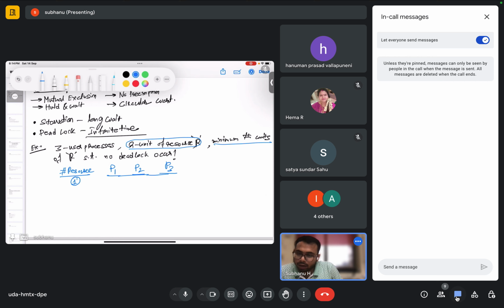Now, if you have two resources, suppose one is taken by process P1 and one is taken by process P2. Will there be a deadlock? Yes, because P1 will be waiting for one resource and P2 will be waiting for one resource. But you have only two resources and you have allocated all of them. So there will be a deadlock situation.